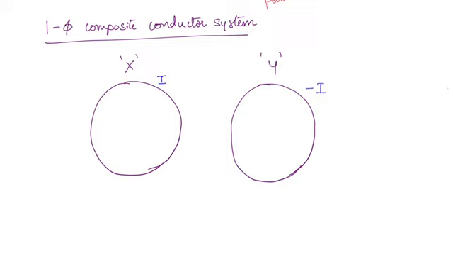Now in each of these conductors there are going to be multiple conductors in parallel. Let's say in conductor X there are n different strands, or filaments. We will name them A, B, C, D and so on till N. And in conductor Y we will take M number of filaments.